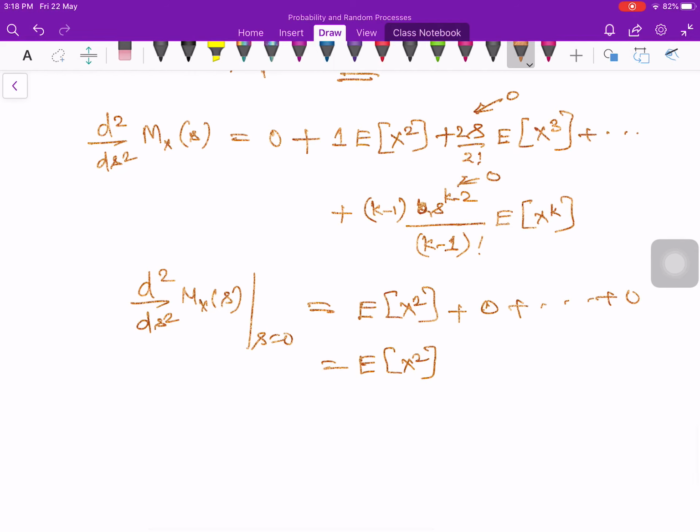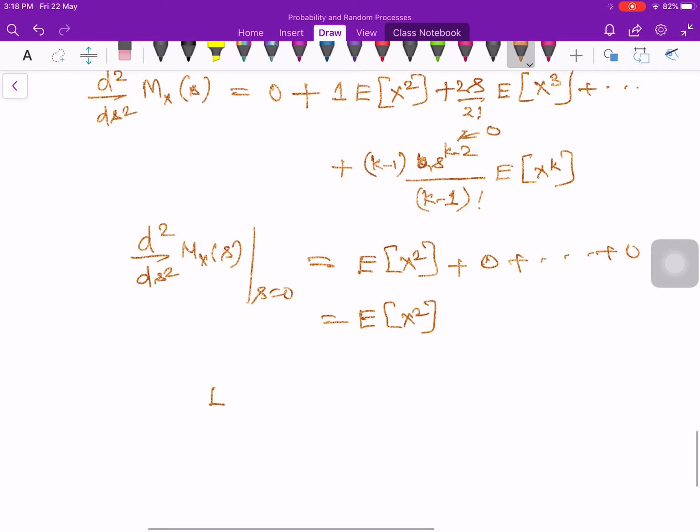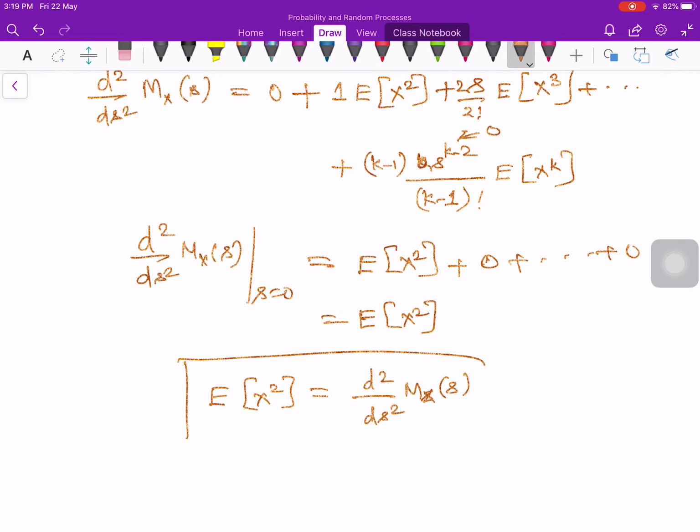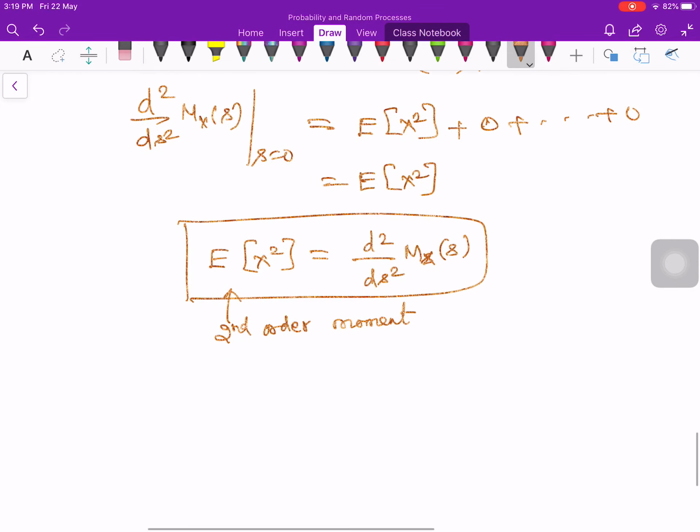So if you differentiate 2 times and substitute s equal to 0, then you will get the second order moment. E of X squared is equal to the second derivative with respect to s of M_X of s, which gives the second order moment.